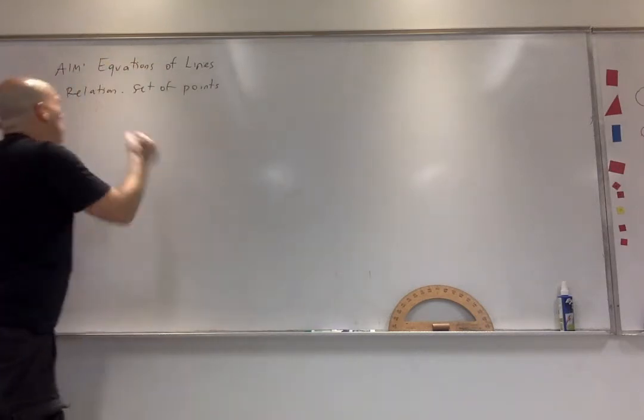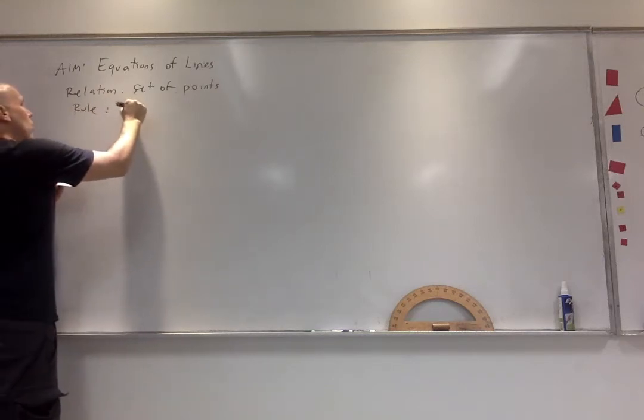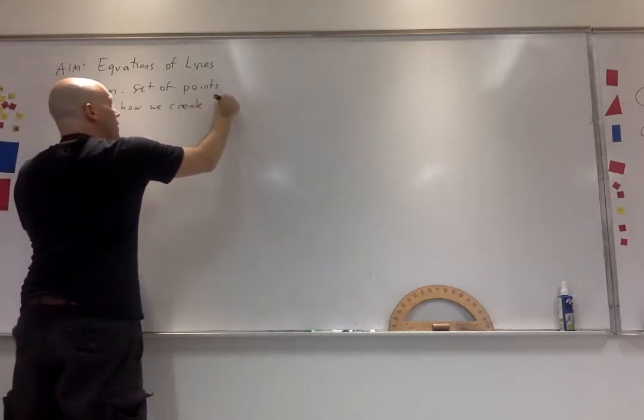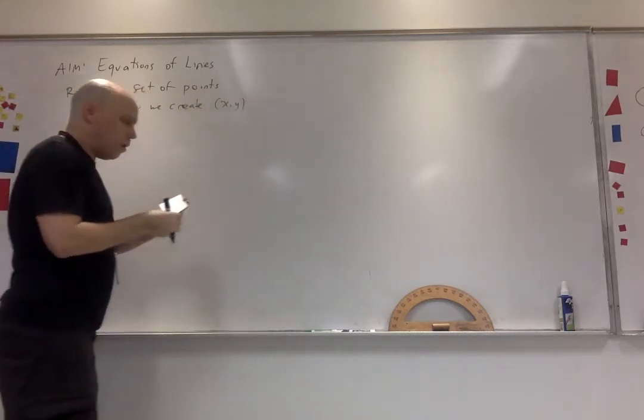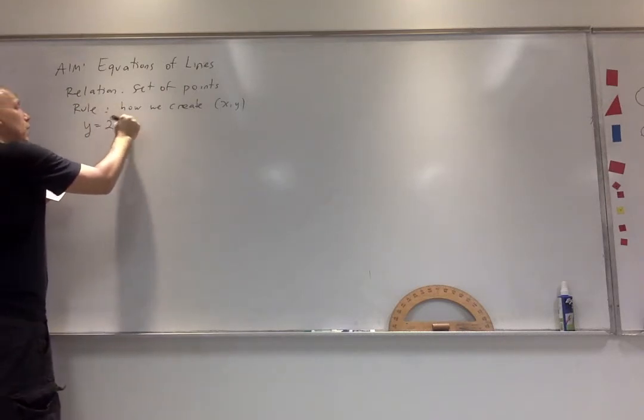by a rule. So the rule was how we create all these x, y's, right? For example, the rule was y equals 2x plus 1.